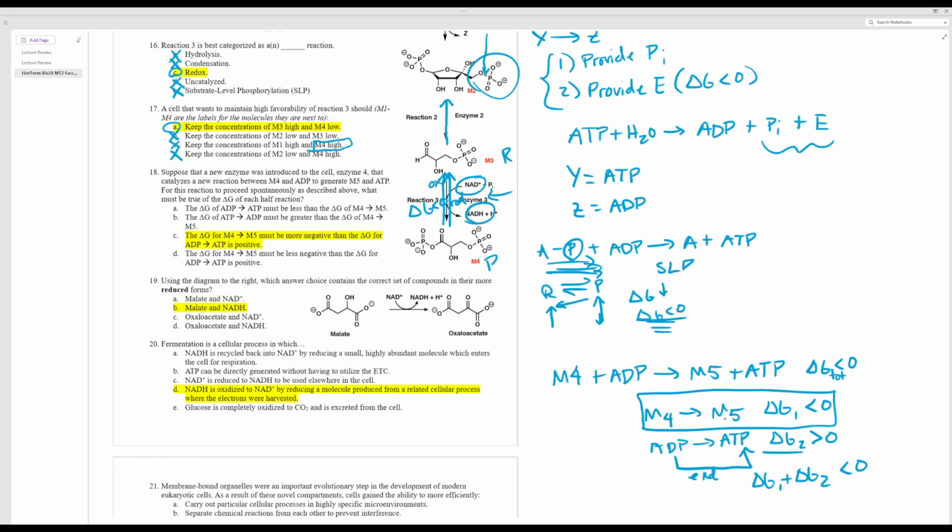So M4 to M5 releases more energy than is required to generate ATP from ADP. In other words, the magnitude of this delta G needs to be greater than the magnitude of delta G2. Another way to say that is delta G1 is more negative than delta G2 is positive, which corresponds to answer choice C.